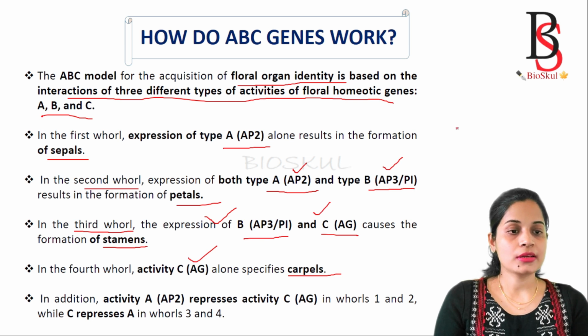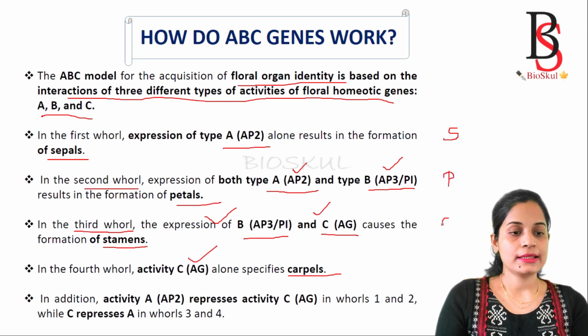The first whorl is the sepals, then the second whorl is known as the petals, then the third whorl is known as the stamens. So I just write it as ST for the stamens, and the fourth whorl is known as the carpel.